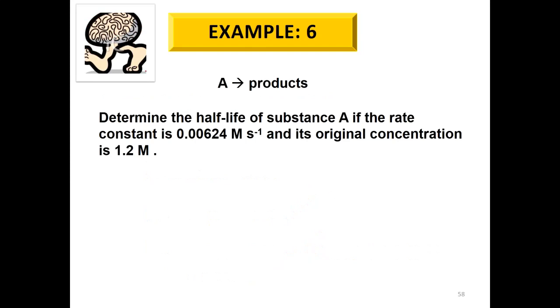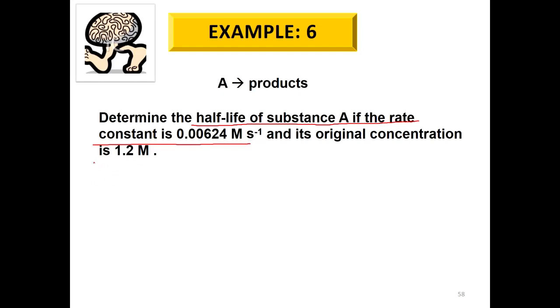Now we look at example 6. A to produce product. Determine the half-life of substance A if the rate constant is 0.00624 molar per second and its original concentration is 1.2.